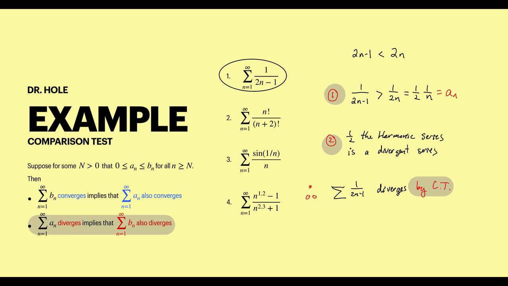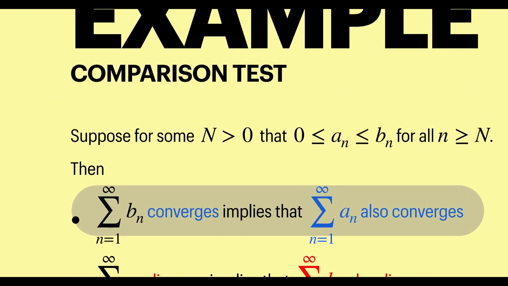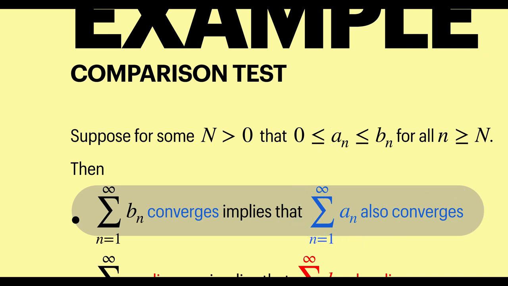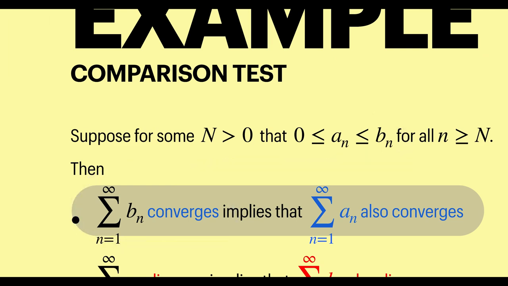Nice. Let's look at the next one. Here we're going to conclude that the series converges. If we want to conclude that the series converges, we need to be able to compare it with terms that are larger, yet we know define a convergent series.